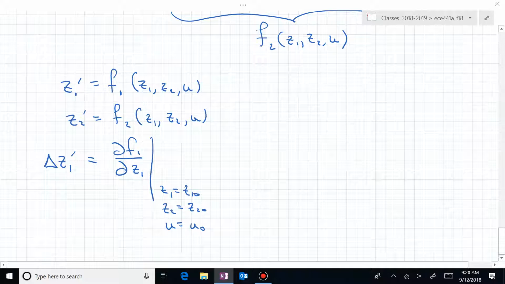And I haven't even found those yet, have I? I don't think I've said what those are yet. But now I need to multiply that partial by the small variation about what? I'm taking the partial with respect to z1.